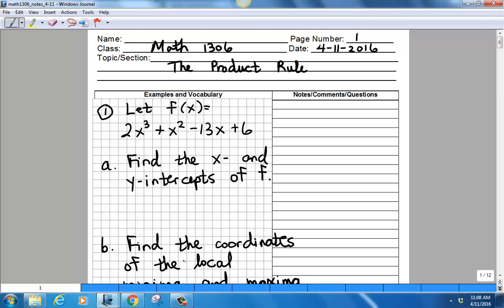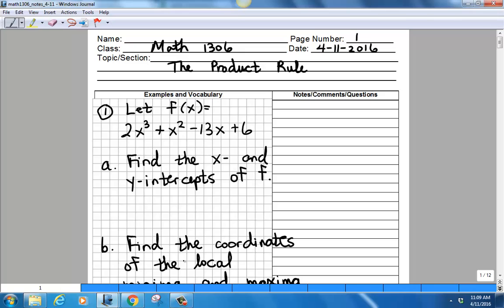All right. First, this is not really a calculus problem. This is an algebra problem. It says find the x and y intercepts of the function f. The x-intercepts are where the graph of this function crosses the x-axis, and the y-intercept is where it crosses the y-axis.